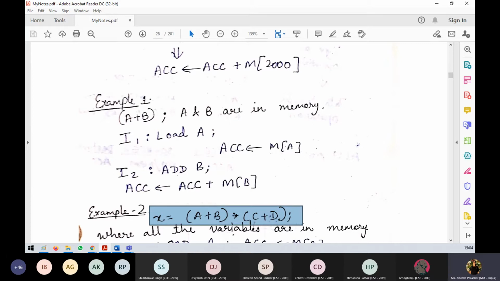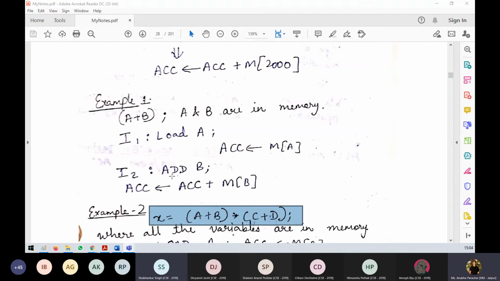Take 30 more seconds and think again. Ma'am, just something to clarify: do we add a store instruction in the end to store the result somewhere or not?